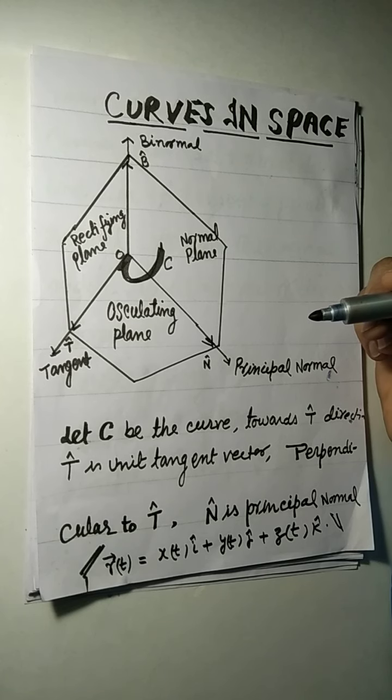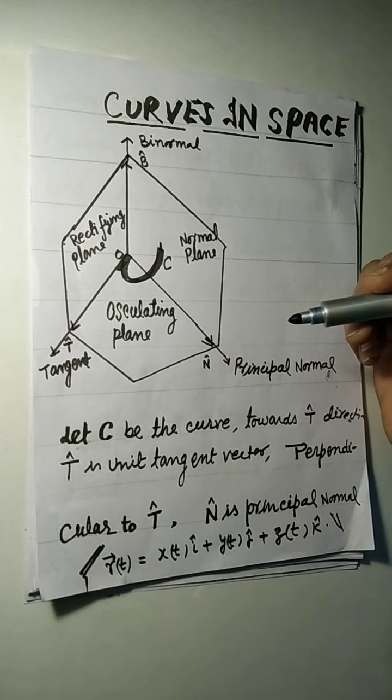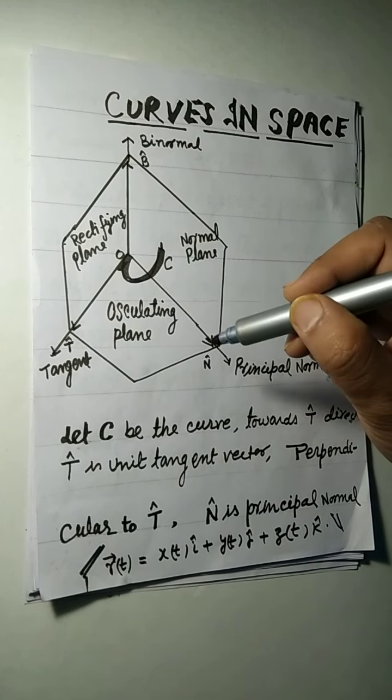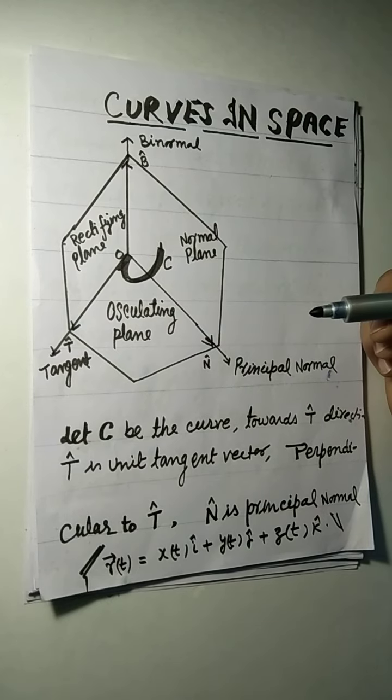For every point of a curve, there exist three mutually perpendicular lines. These perpendicular lines are known as tangent, normal, and binormal.